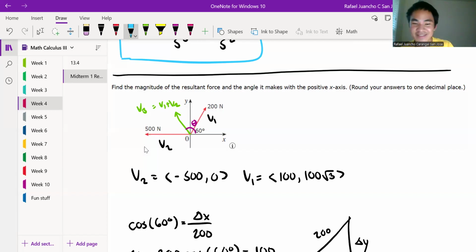I'm going to try it. I'm going to see if it works. So I'm going to look at this vector here. I'm going to say that's V4. I'm going to get the dot product of that to get this angle. So what is this? Oh shoot. I actually don't know what that is.